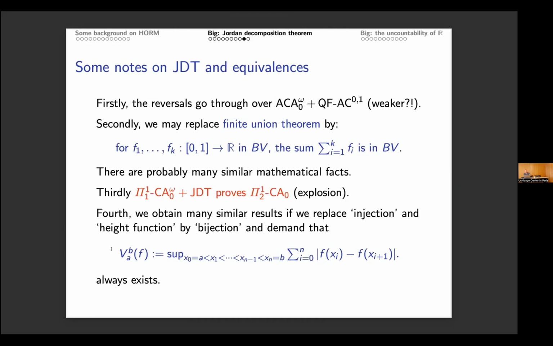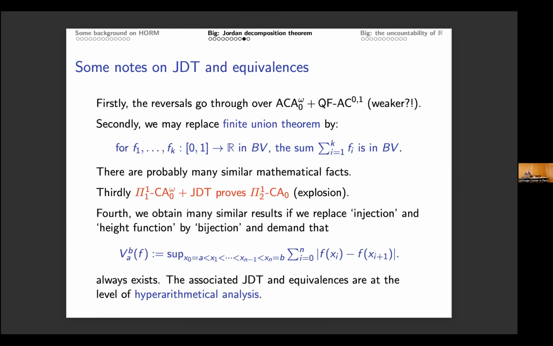As we know from reverse math, if we demand that such a supremum exists, you get a lot weaker principle. It's still slightly explosive, and height function is out of the window. You have to use bijections. So just for the record, this is not terribly interesting, but it does exist.